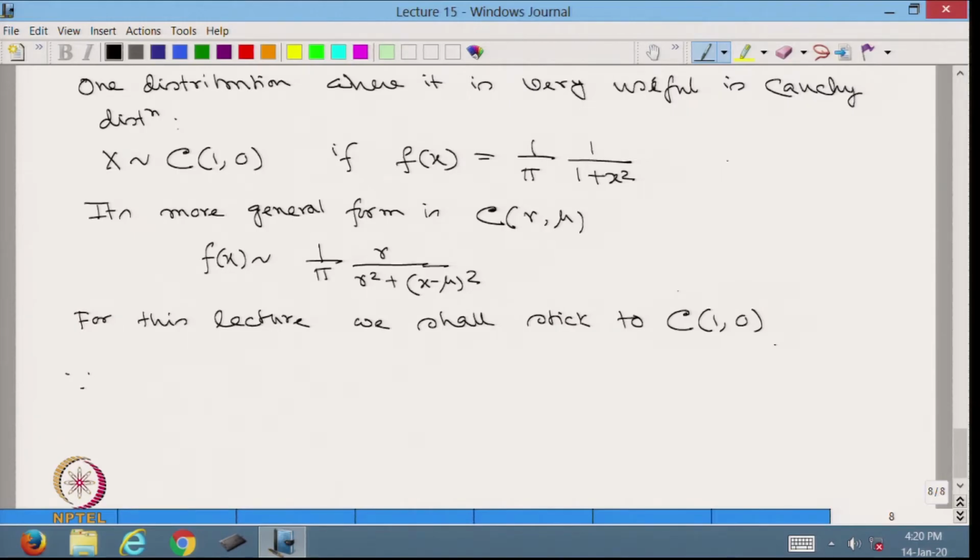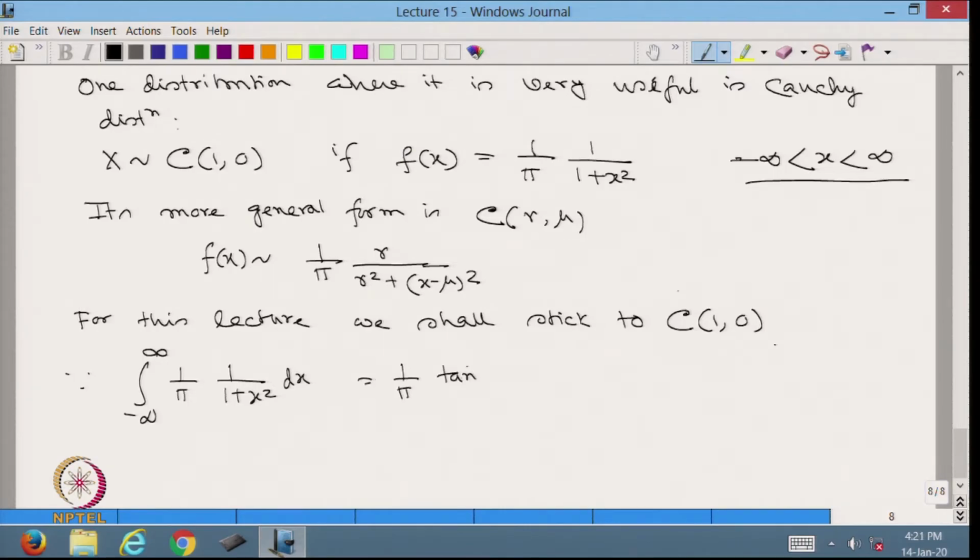Let us write that minus infinity less than x less than infinity, that is, it is defined over the entire R. Since the integration from minus infinity to infinity of 1 over pi, 1 over 1 plus x square dx is equal to 1 over pi tan inverse x from minus infinity to infinity, is equal to 1 upon pi into pi by 2 minus minus pi by 2, is equal to 1.